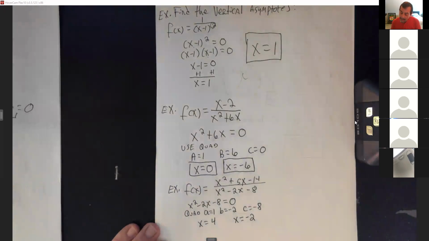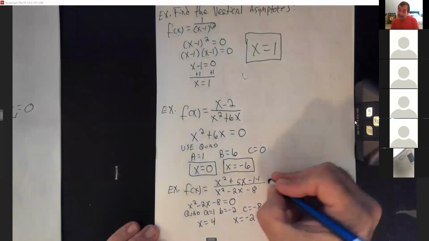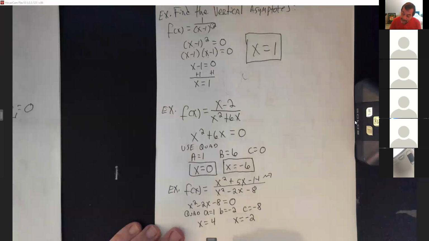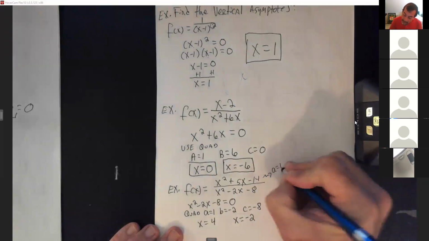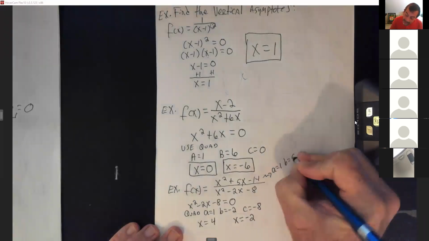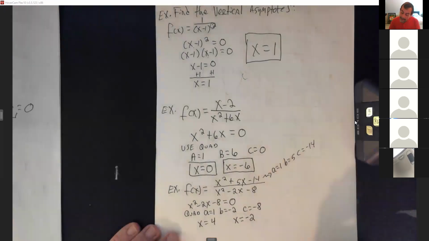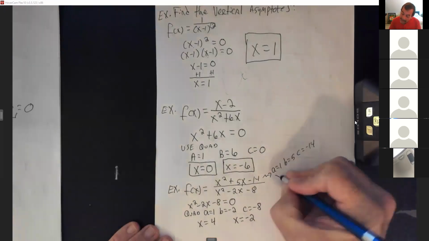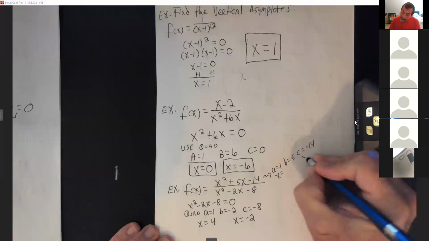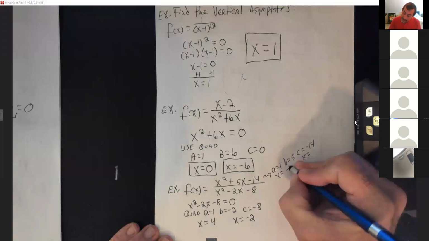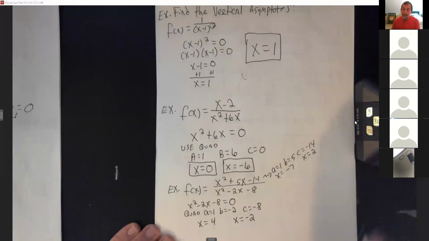But y'all, I would probably quad that top real quick to see what kind of answers it gave you. So A would be 1, B would be 5, C would be -14. If you quadded that, you would get x is -7, x is +2.